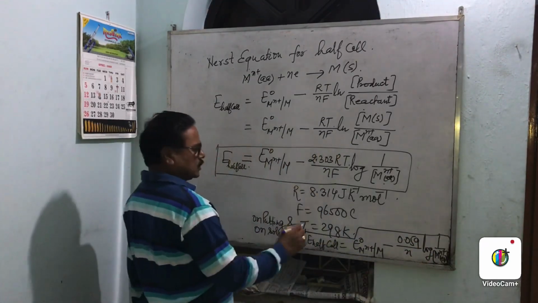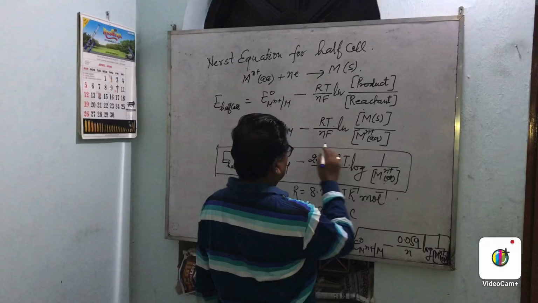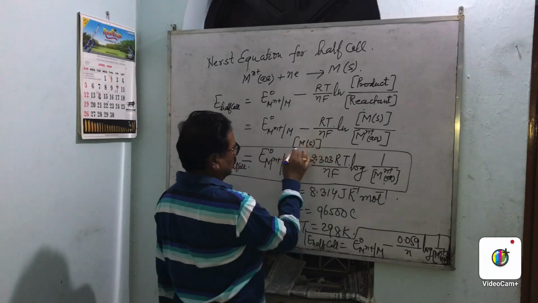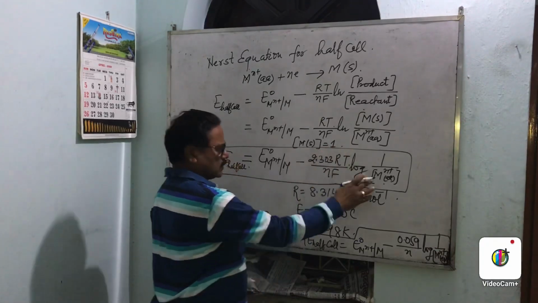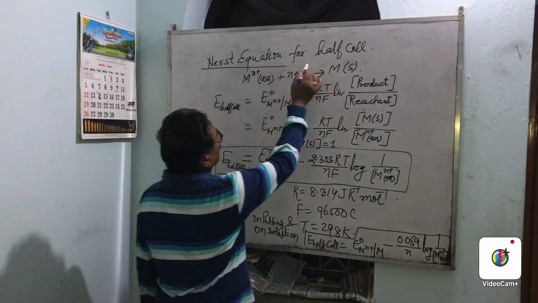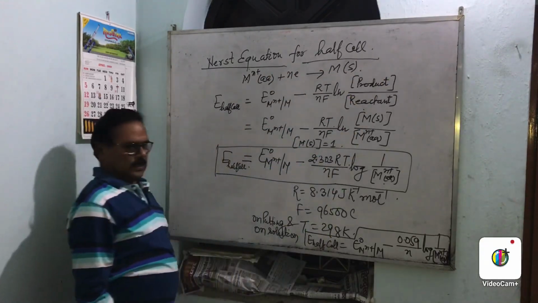So the active mass of the solid, or pure liquid, or pure gas, is taken as 1. That's why this equation is obtained. So this is the Nernst equation for the half cell, right?